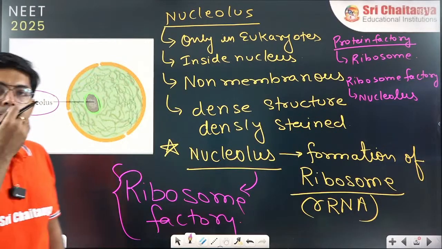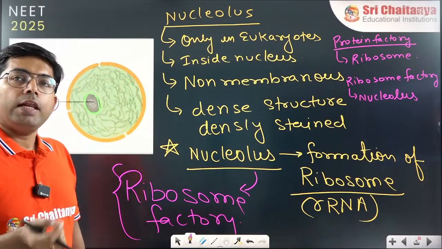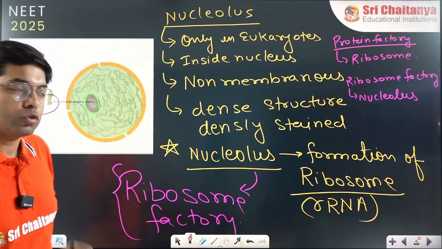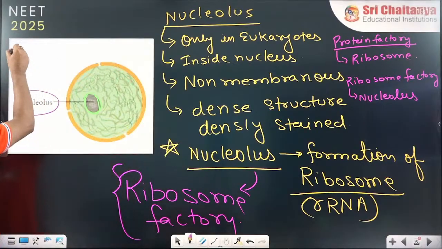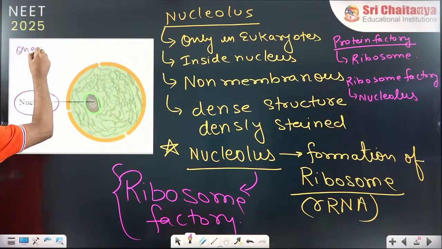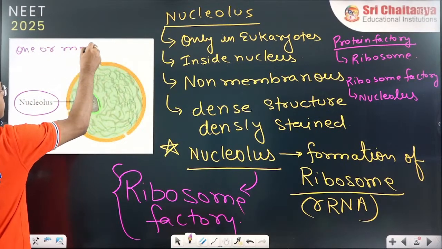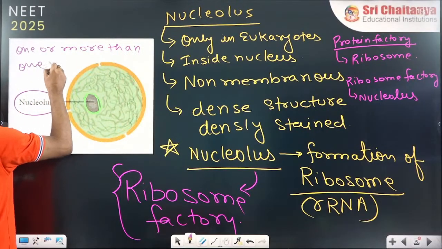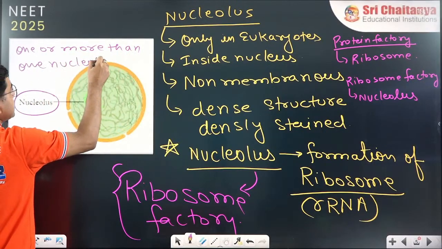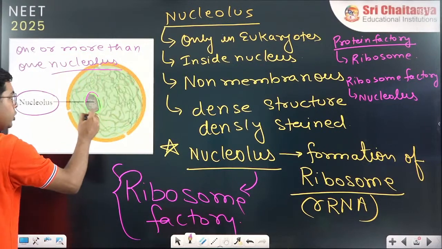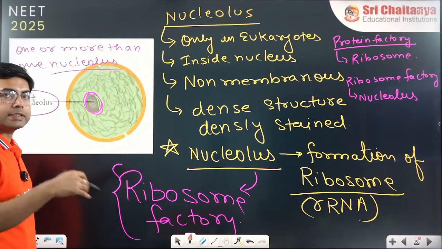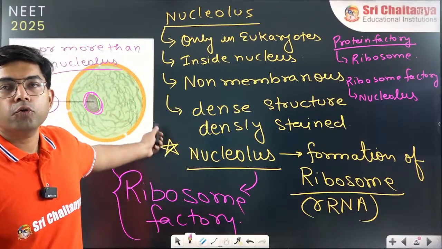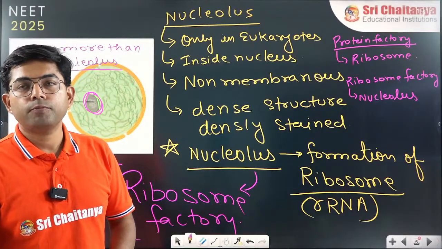Now a question can come: will one cell have only one nucleolus or can it have more than one? So one cell can have one or more than one. Here although it is appearing only one, in some cases when the cell is very active, more than one nucleolus can also be found.